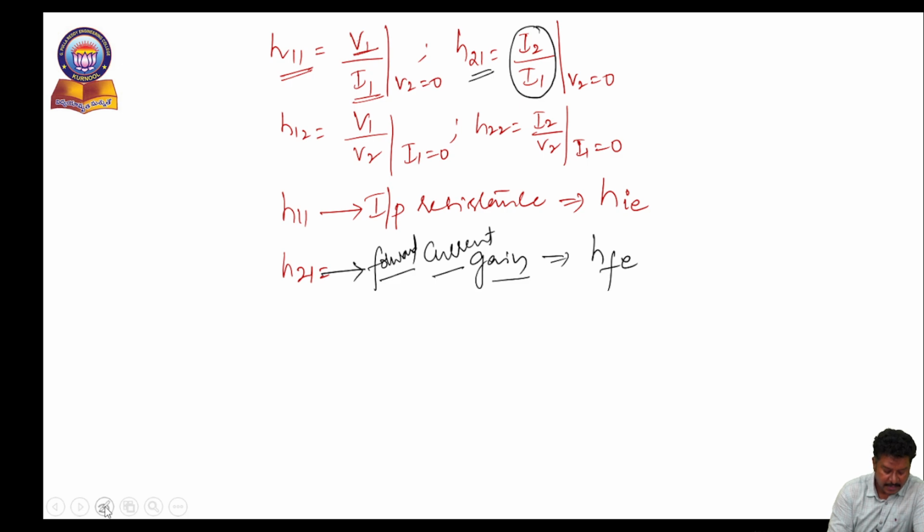Similarly, the another parameter is H12. This explains input voltage by output voltage, that is also gain, but I am taking the voltage as the important parameter here. At the input side it is a voltage, and the output side is also a voltage only.